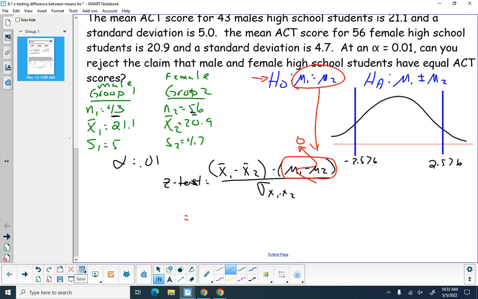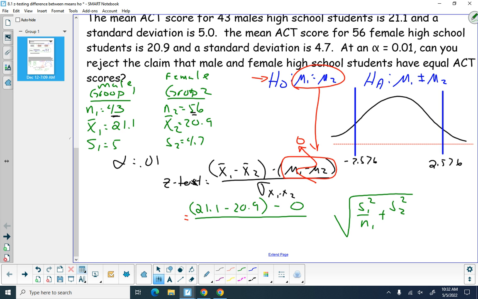So what we're left with is x bar 1, which is 21.1, minus x bar 2, 20.9, minus this value, which is 0. Now what we have to determine is this denominator, which is the square root of S1 squared over N1 plus S2 squared over N2. Once again, if I have sigma, I use sigma.